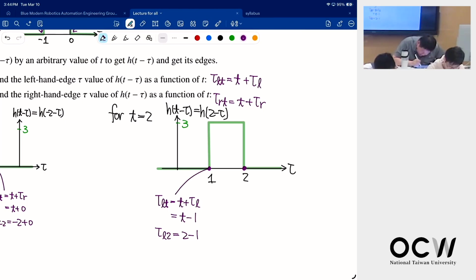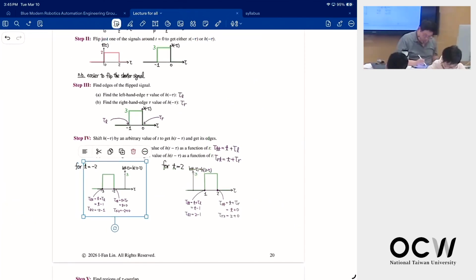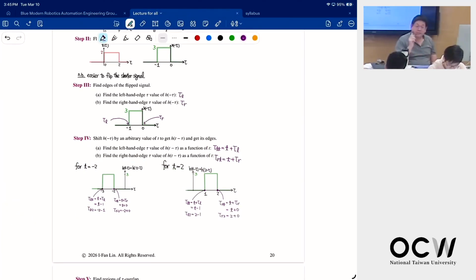And for this point, tau right and shift t, that's t plus tau right, which is in this case t plus 0. So when this shift is by 2, we have 2 plus 0. Alright, that's the case for t less than 0 or greater than 0.